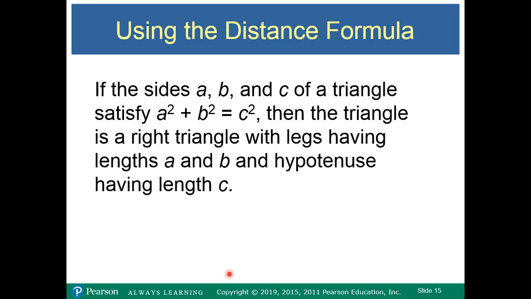Now in this case it says, if the sides a, b, and c of a triangle satisfy the Pythagorean theorem, a squared plus b squared equals c squared, then the triangle must be a right triangle with the legs having the lengths a and b, and the hypotenuse is c.